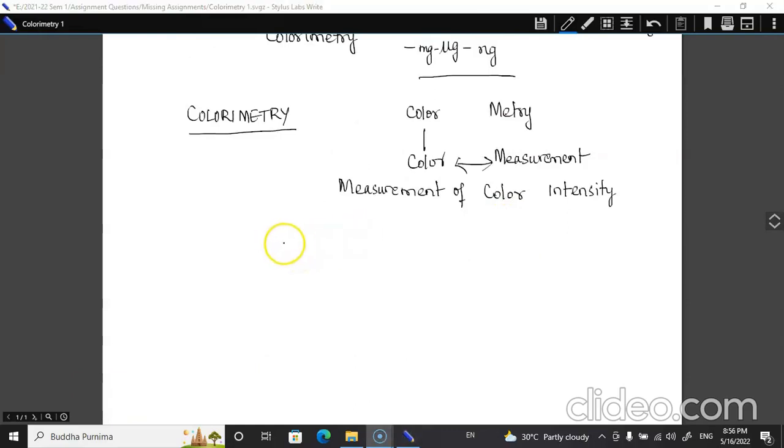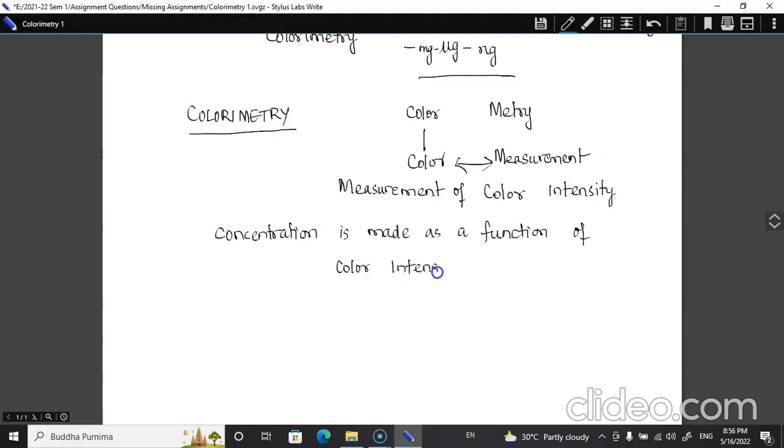In this case, concentration is made as a function of color intensity. So let us try to define colorimetry.